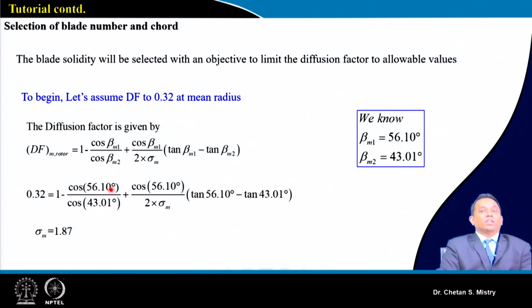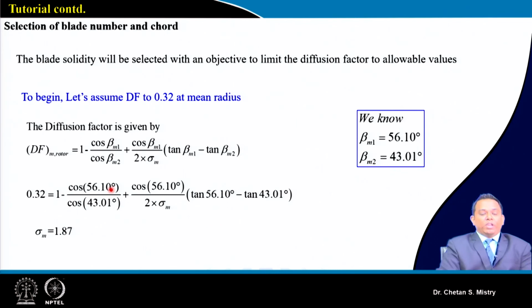In this case, you can assume the number of blades, and based on that you can calculate solidity and diffusion factor. That's what we did in our earlier design, when we discussed the subsonic compressor: we assumed the number of blades and calculated the diffusion factor. Now here let's take a different approach, which will give you a different feeling.